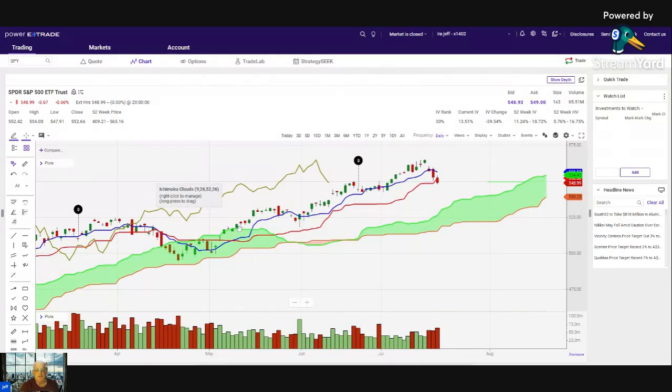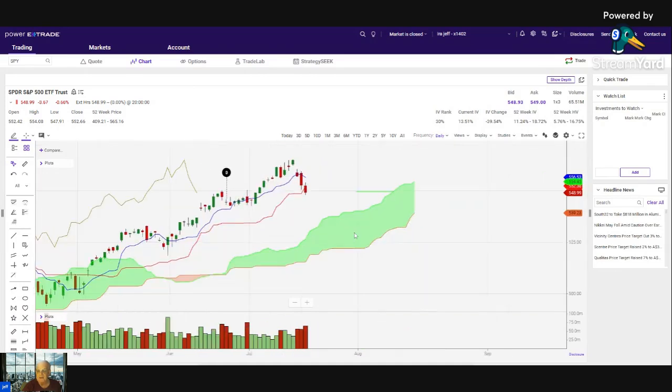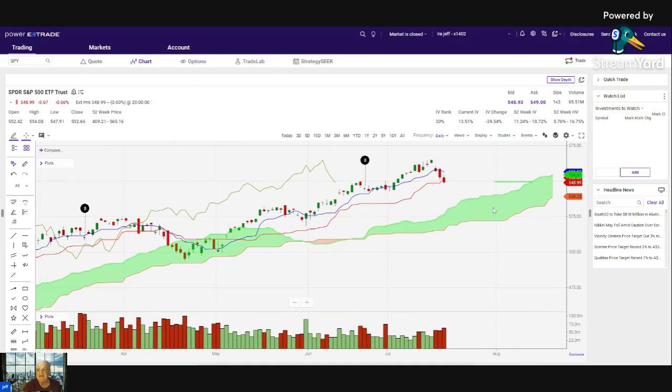But the next ones were red, no entry, no entry, and here would be the entry. Because also you have the blue line above the red, the lag line above the cloud, and the green cloud to the right.